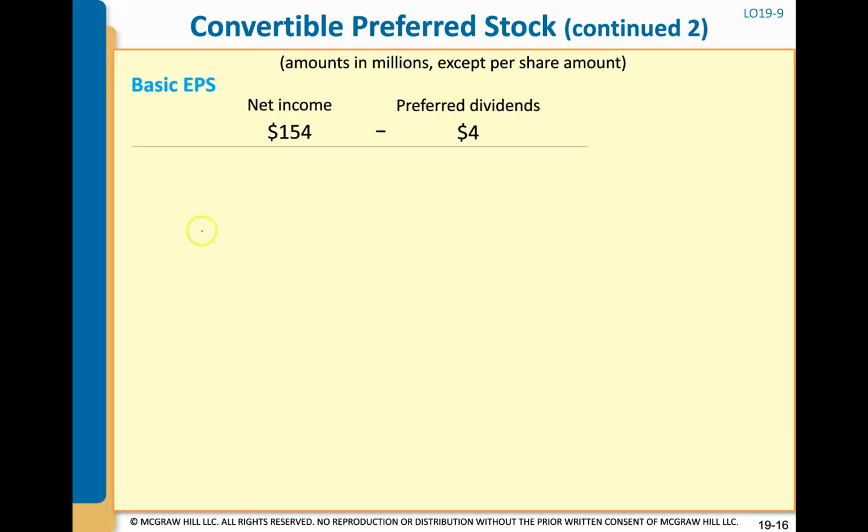Here we have our example where we have our basic earnings per share, which is net income minus preferred dividends. That is 154 minus the 4 million preferred dividends, which is $150, and we had 75 million average common shares outstanding, which is how we got our $2 per share basic EPS.